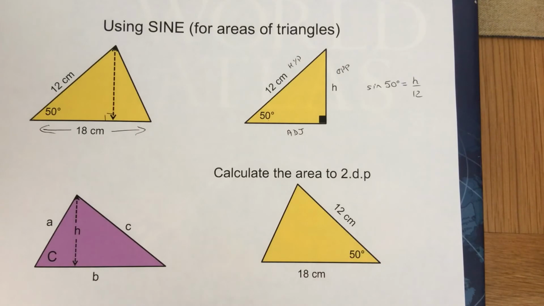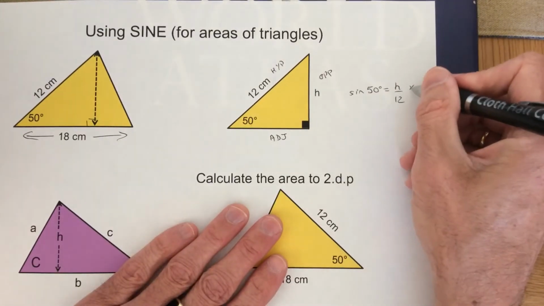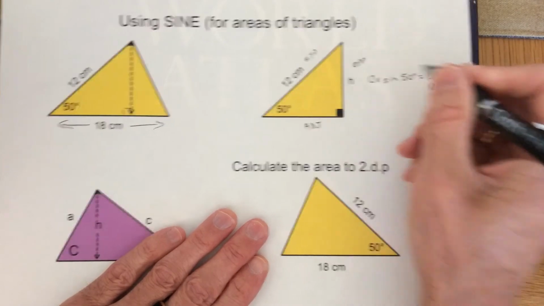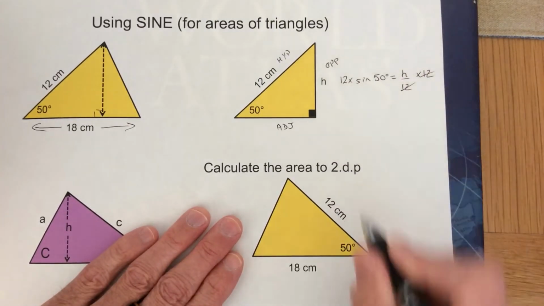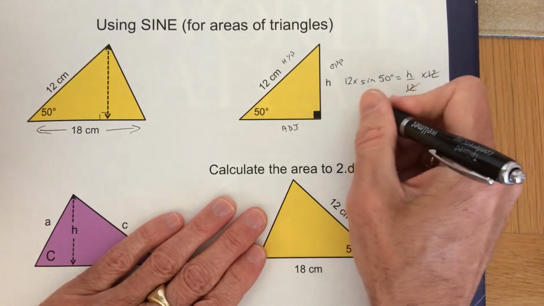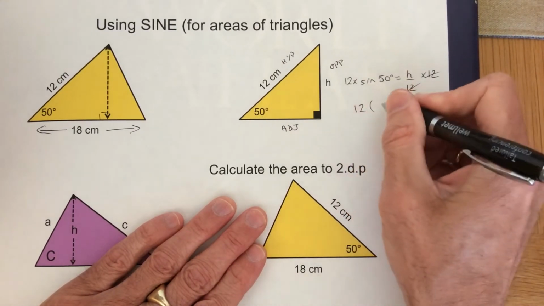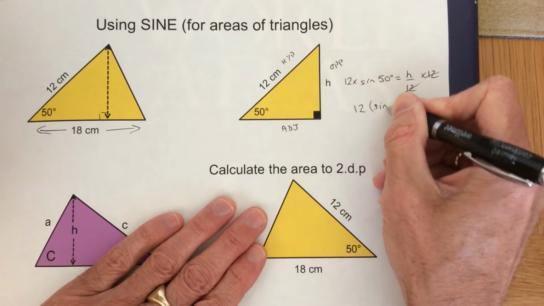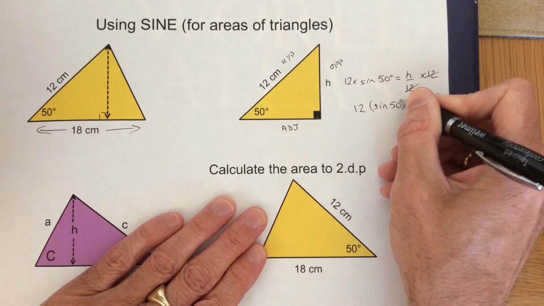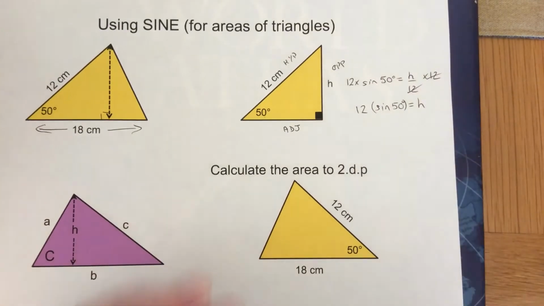And again, I'm going to do some manipulation here. I'm going to multiply both sides by 12. They will cancel out. And so I have 12 lots of sine 50 degrees equals h.